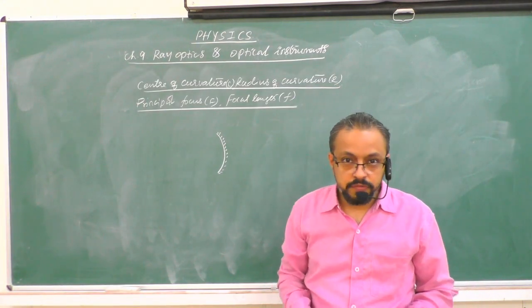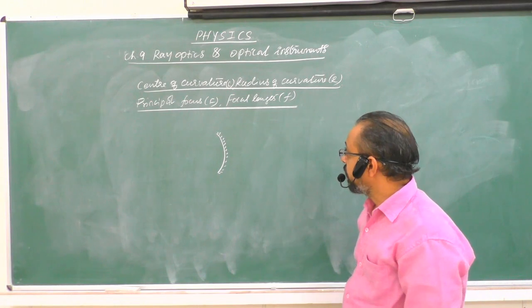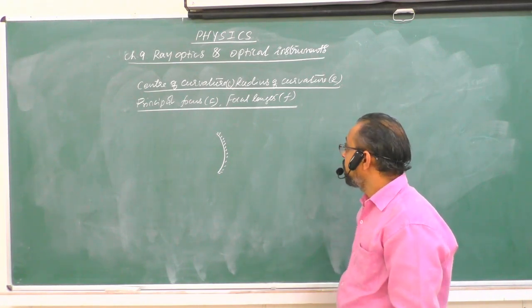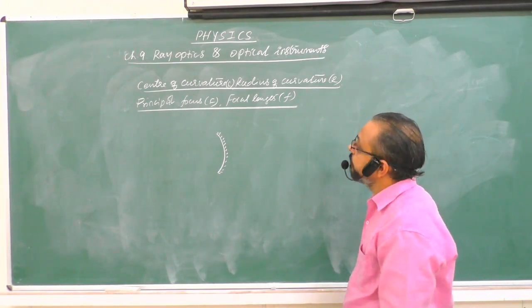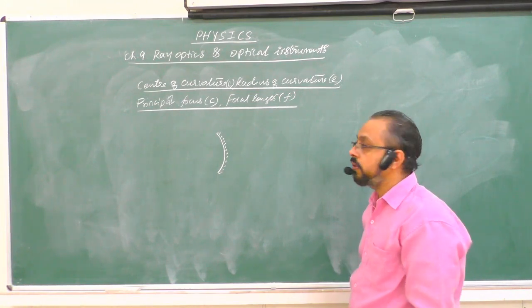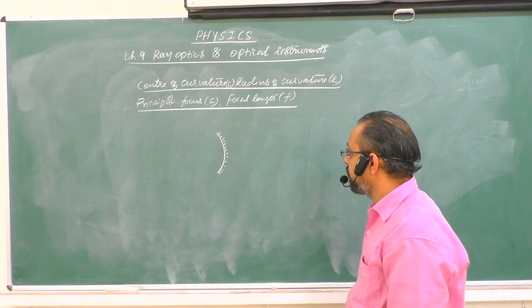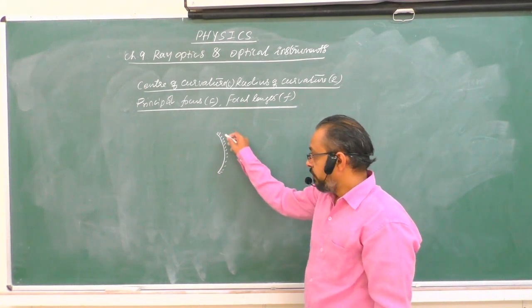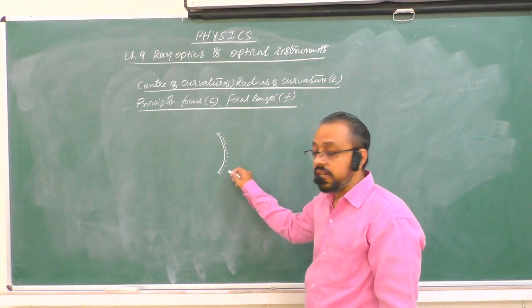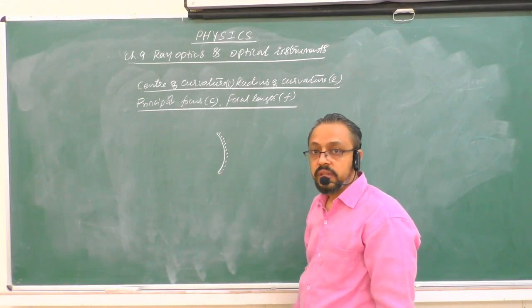Here are some definitions for you: center of curvature C, radius of curvature R, principal focus F, focal length f. For that, I have a curved mirror.